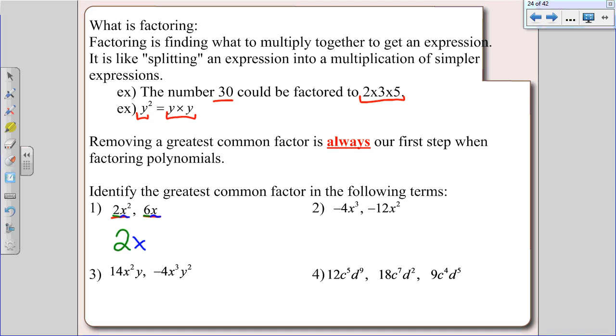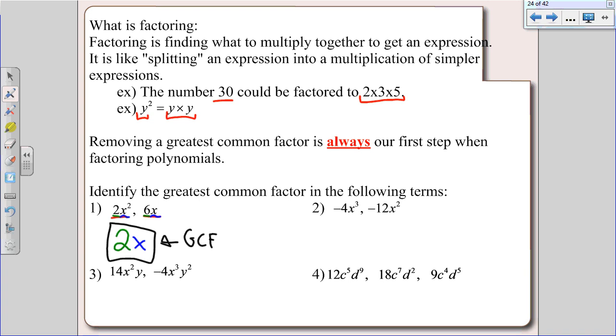It could go into the first one, but not the second. This thing that we just wrote out, we call that the GCF. That's the biggest thing that could divide into both of the statements I was given.